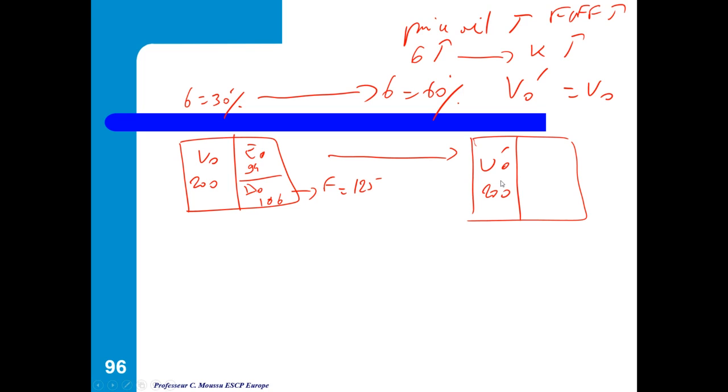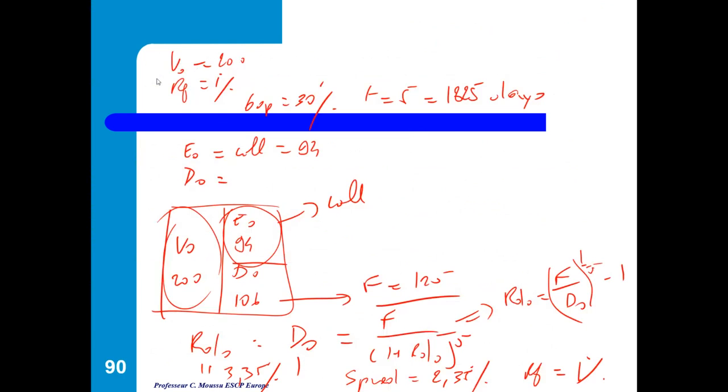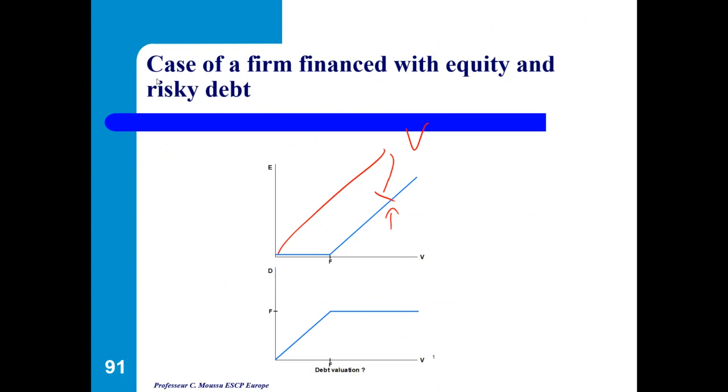Well, what has changed is the volatility is not the same. And if the volatility is not the same, who is benefiting from volatility? Those guys. Those ones will benefit from volatility. Why? Because they have a call.